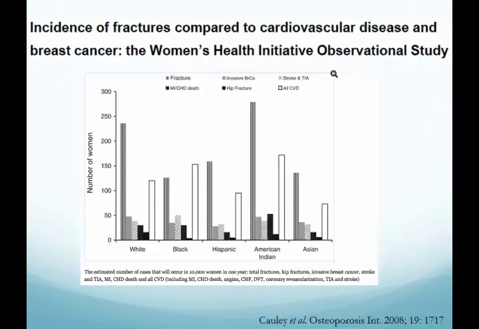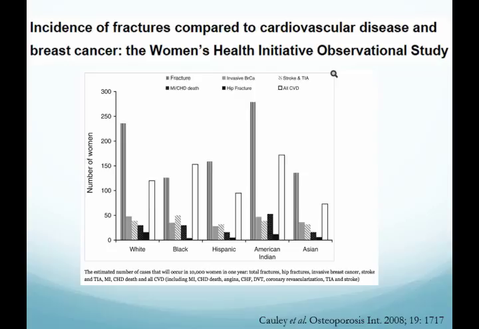The first time I saw this slide, I was passing out. I couldn't believe it. This is the incidence of fracture compared to some diseases that we really care about that are on the news all the time, with all kinds of campaigns for defeating them, like cardiovascular disease and breast cancer. This is from the Women's Health Initiative Observational Study, about 90,000 postmenopausal women followed for about 9 years.